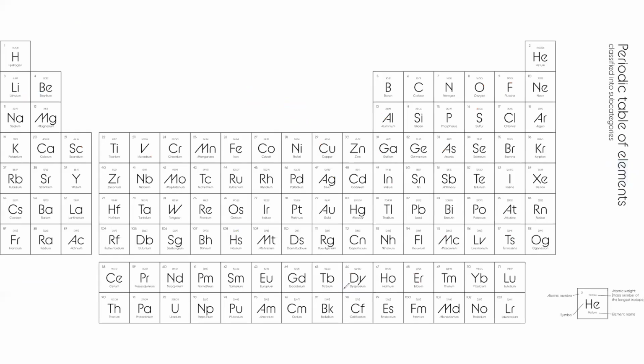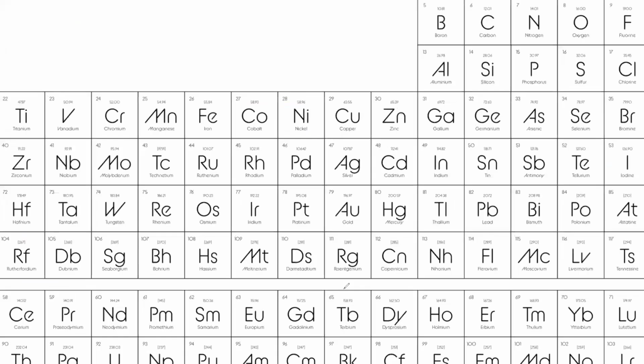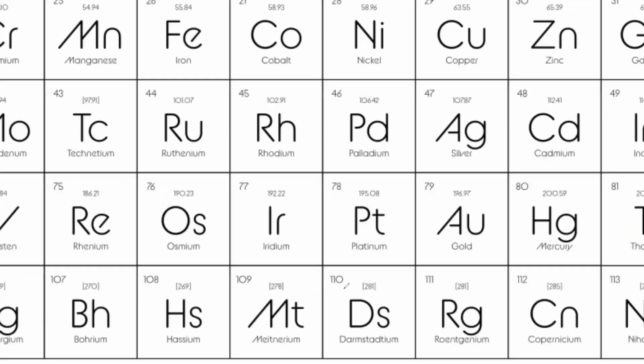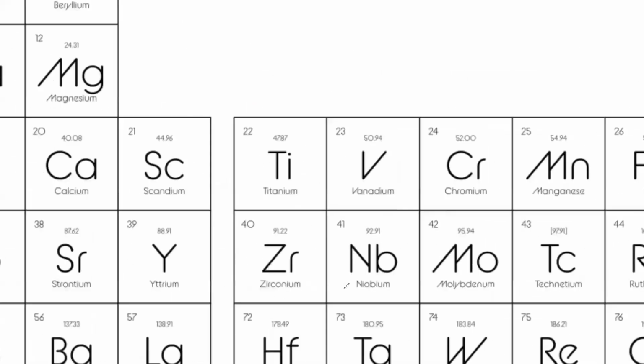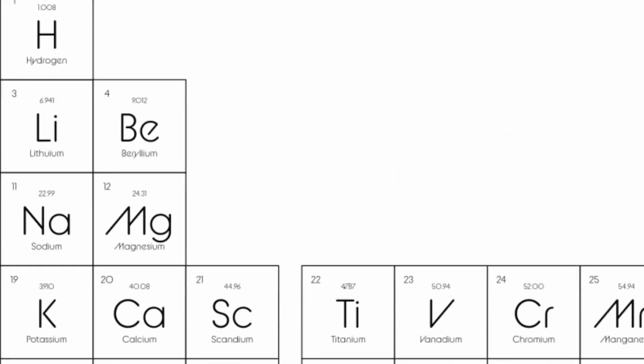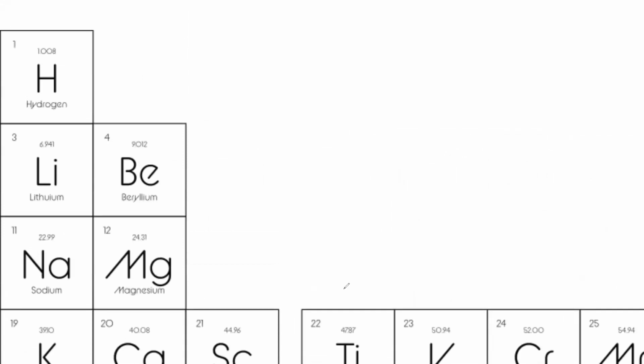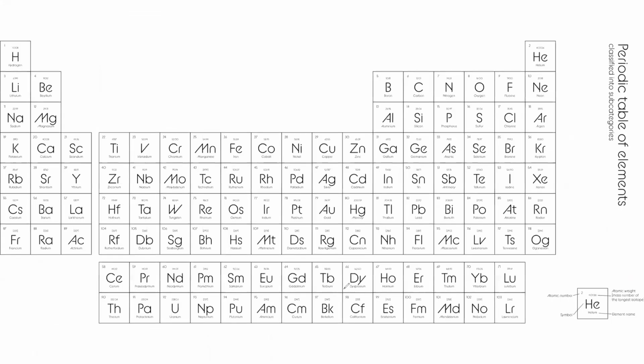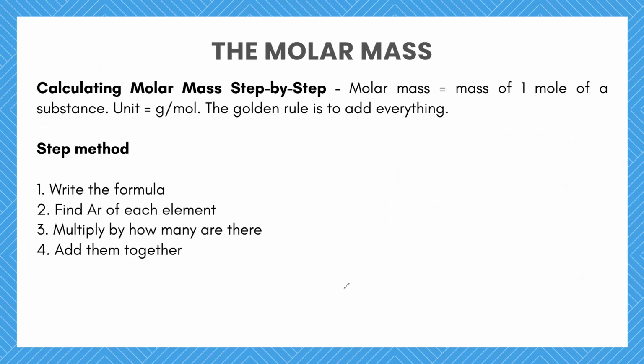I have a draft of one on the screen right now. Let me zoom in a bit. You can go ahead and check out any elements you'd like to see, whether it be hydrogen, lithium, beryllium. All the atomic masses have been given on the screen. So let's go ahead and check out some exercises and we'll round up today's video.